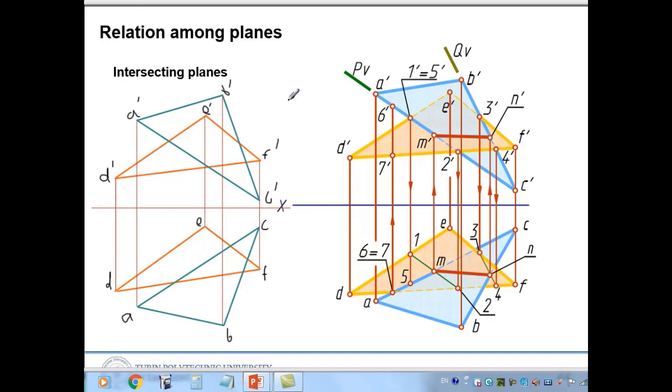Okay, so at first we are making a line. Okay, so we are defining the points of intersection of two planes in the front plane or any projection plane. That point is here and here.